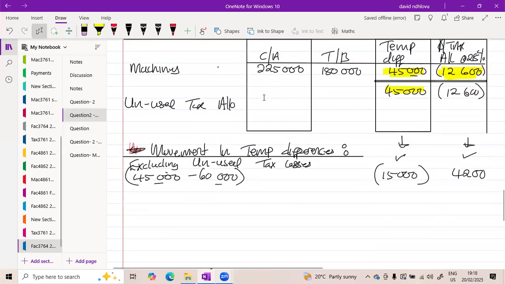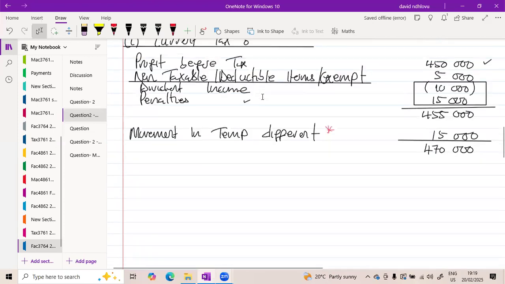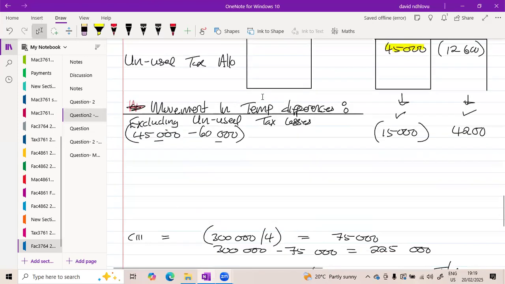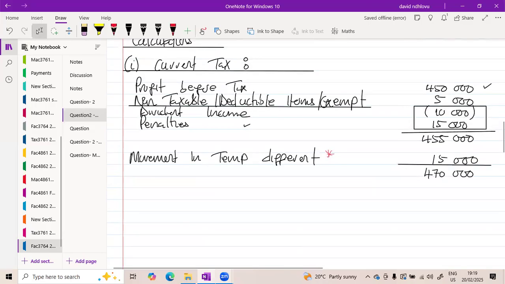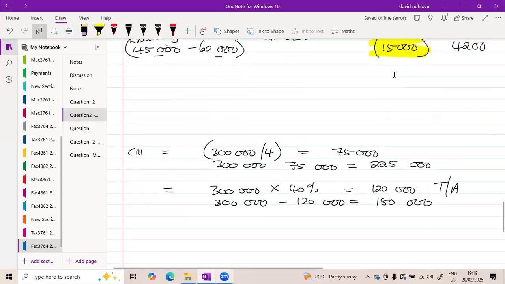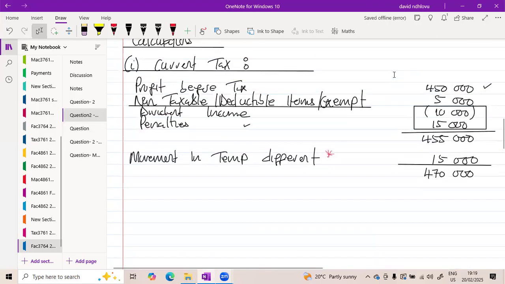Oh, okay, thank you. But you know what we want to take here now is the movement in temporary differences. That's the one that we bring in. Remember, if it is positive here, then it is a negative here. But this time it was a negative here. When you take it to this side, it becomes a positive.